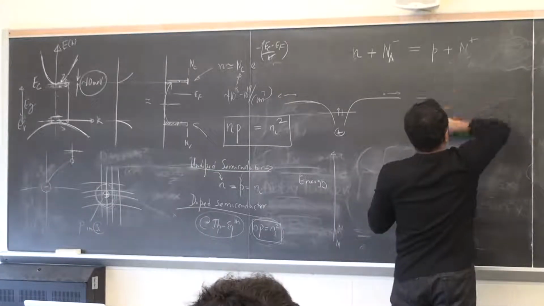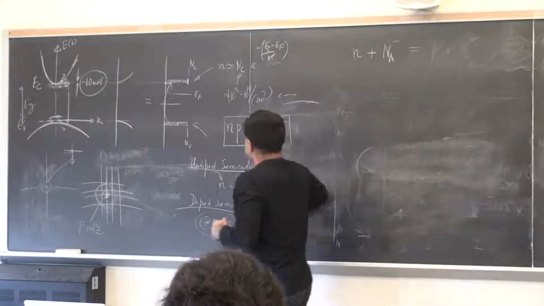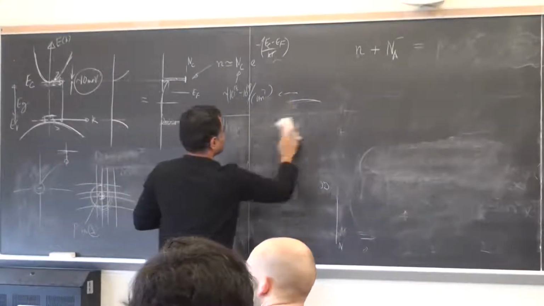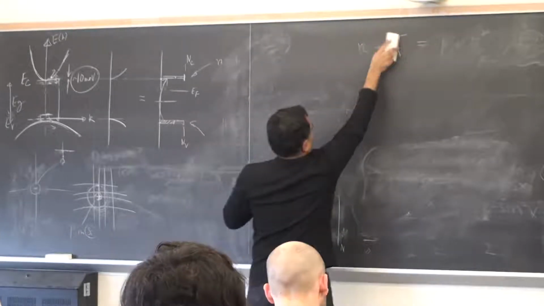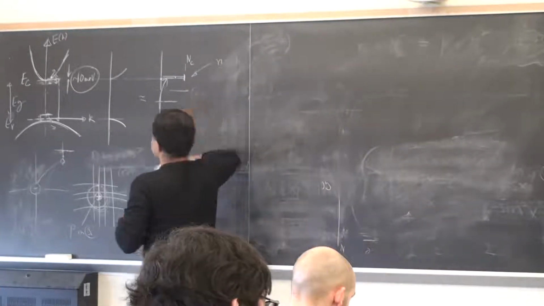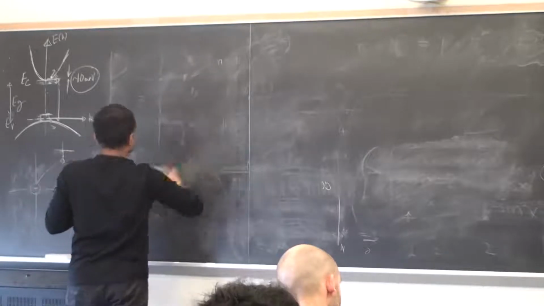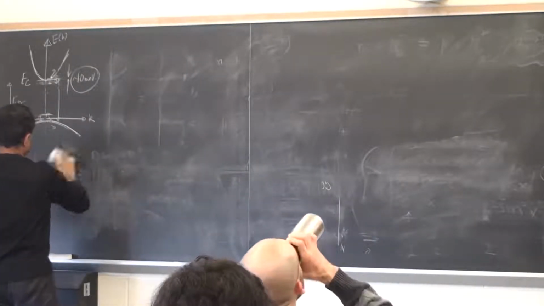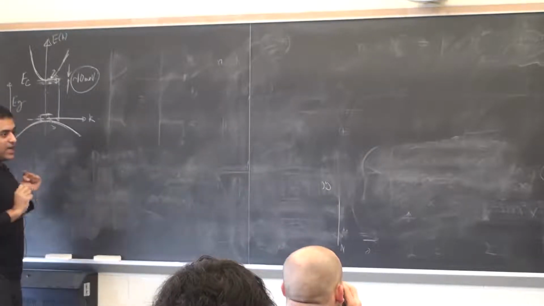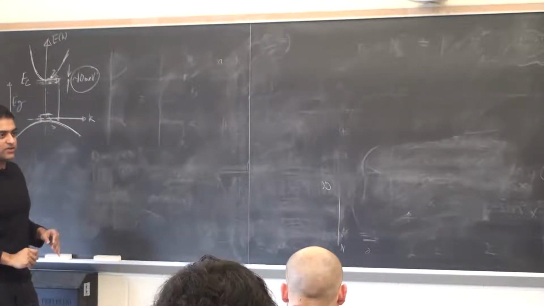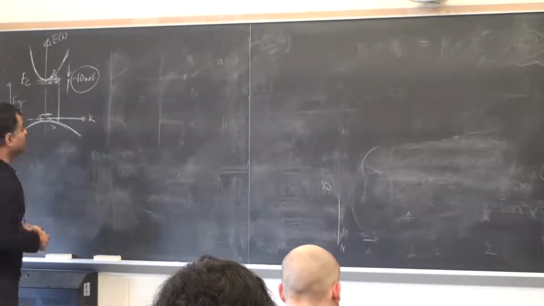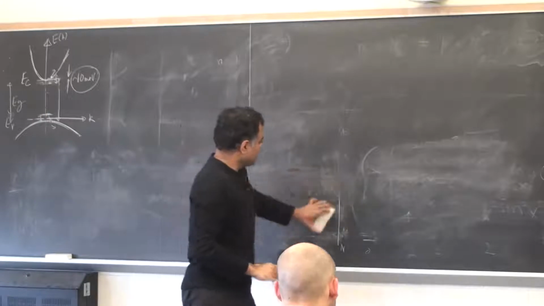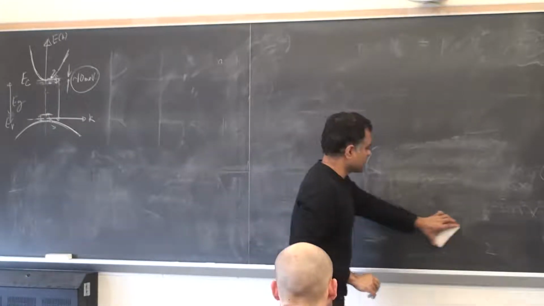So what I want to do now is say that if I have managed to put carriers in the bands, I want to look at the transport problem. I'm going to connect electrodes to it and apply a voltage: how much current is going to flow? That's the question we're going to ask now. And the way I'm going to approach this problem is somewhat different from what traditional courses would do.